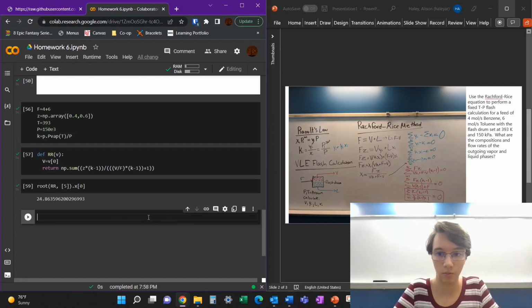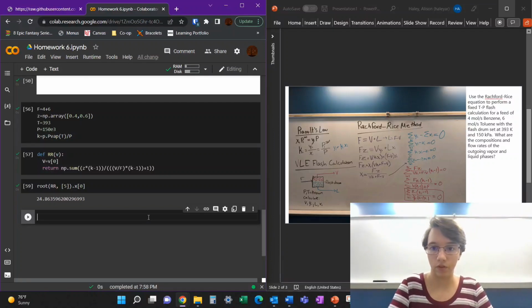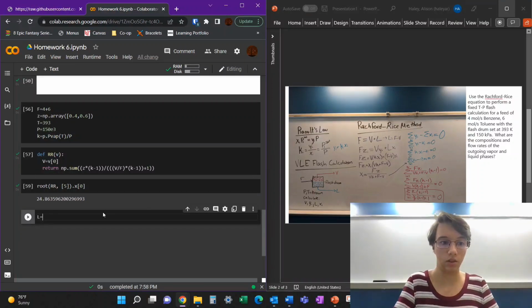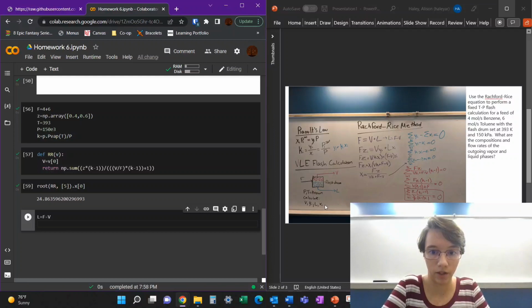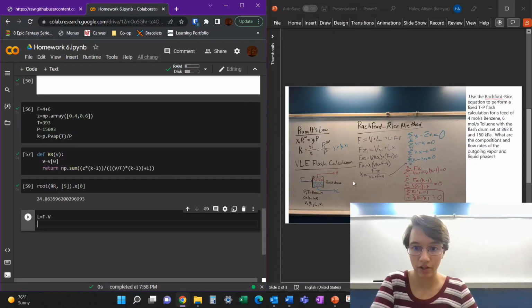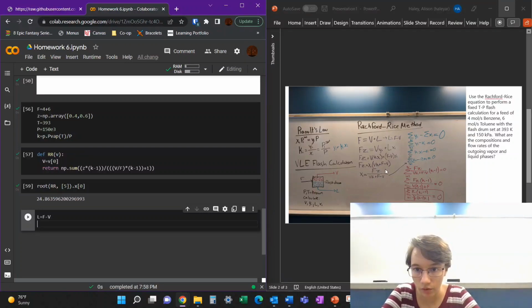All right, so then we can go and calculate everything else. We know vapor, we know feed, so we can find liquid. So liquid is going to be equal to our feed minus our vapor. So we got vapor, we got liquid, then we need our mole fractions. We can start with this equation maybe.